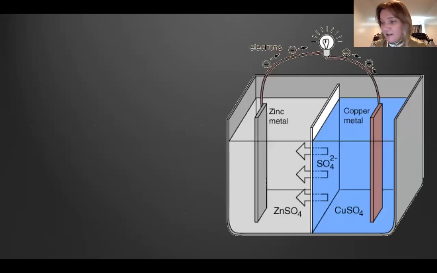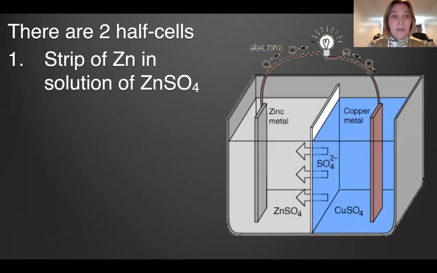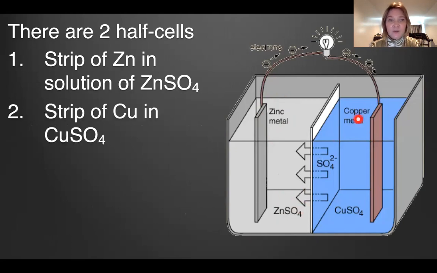So here we have the electrochemical cell again. Remember, there are two half cells. We have the anode, which is the oxidation half cell, and we have the cathode, which is the reduction half cell. So we have the strip of zinc. We have the zinc metal in a solution of zinc sulfate, and we have the copper strip in a solution of copper sulfate.